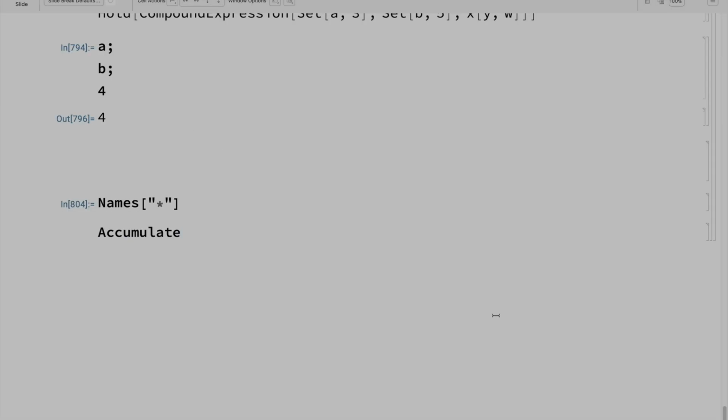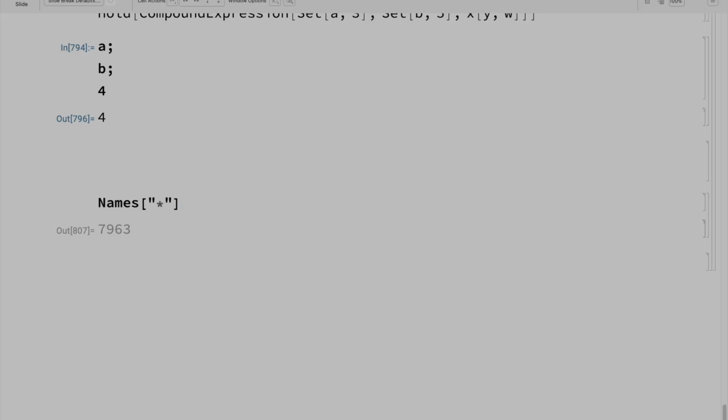One final thing I want to mention is that there's a nice syntactic sugar for applying something to a result, right? So here I have Names, and I wanted to apply Length. So what I did is I did this, then Shift+Enter and I got the length. That form is what is called the prefix notation.